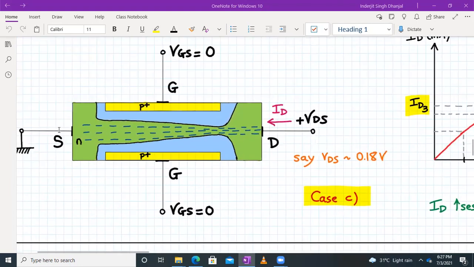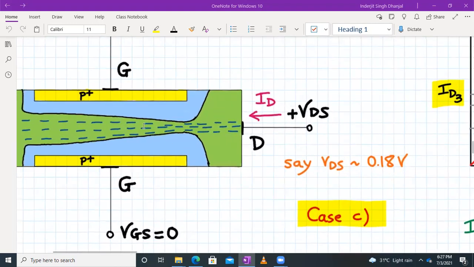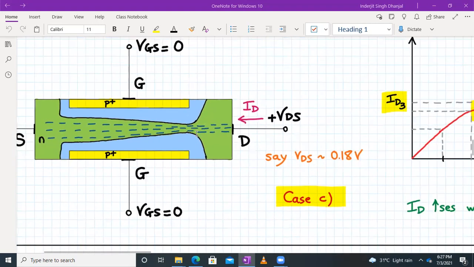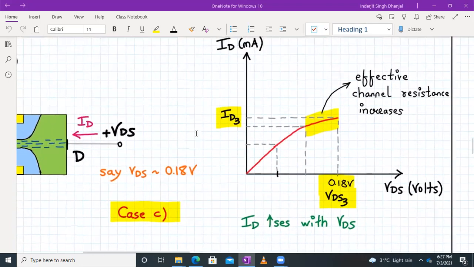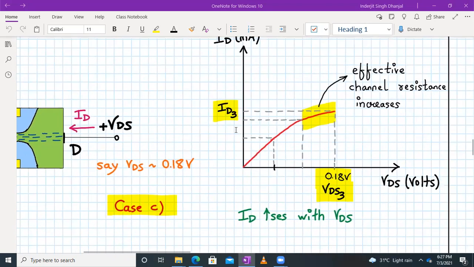The electrons will be flowing from the source to the drain, but near the drain end, the effective area has reduced. Due to that, the effective channel resistance has increased further. So ID3 corresponds to this condition, and VDS3 is the voltage at which this occurs. The current will continue to increase, but with a decreased slope, as you can see. This is happening because of the effective channel resistance increasing.